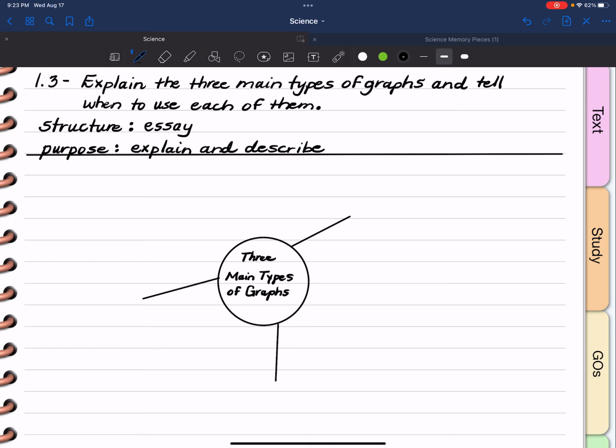What is one type? What's the simplest type? That's going to be a bar graph. So I'm going to put that up here in green. You'll see why I'm using the colors in just a minute. So bar graph. So what can we tell about a bar graph? Well, first of all, we know that it uses bars. We know that it compares countable things.